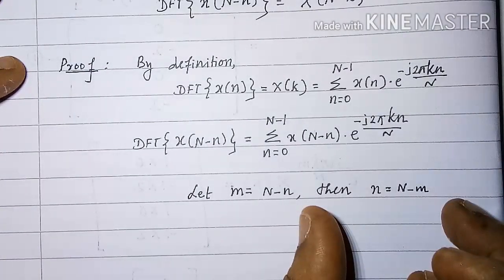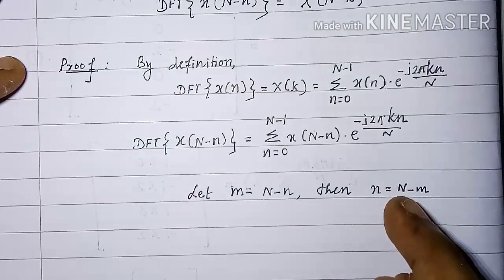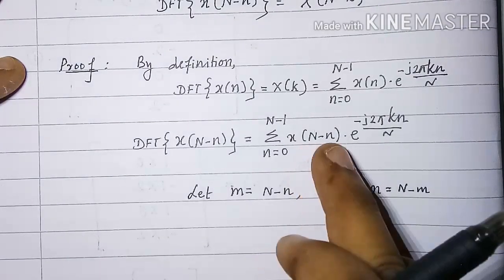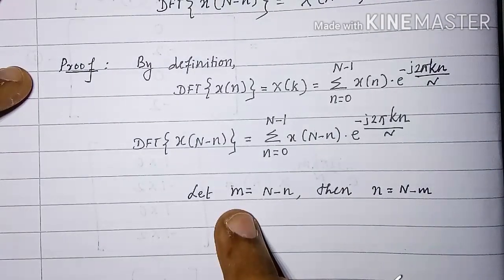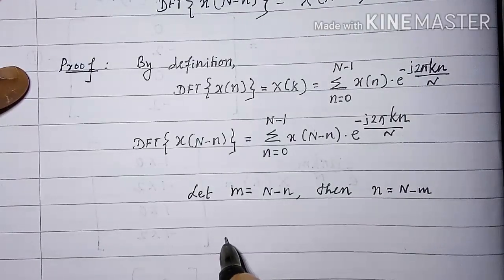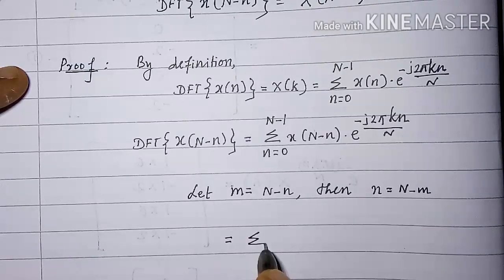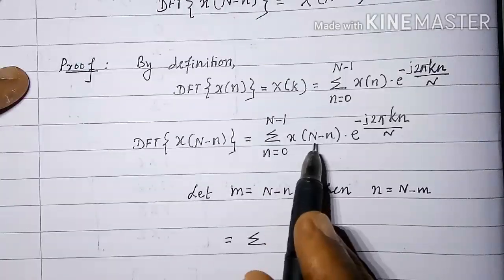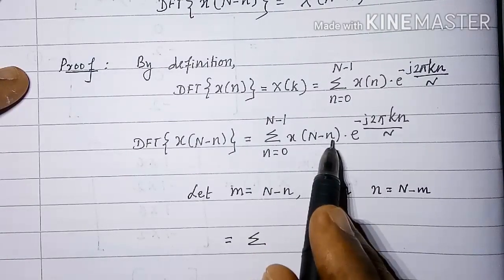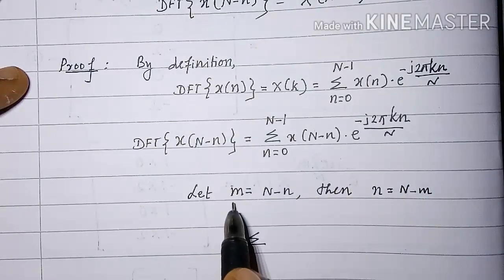Now we will put, in place of n, capital N minus m, and in place of capital N minus n we will put m. That is equal to summation, because I am going to place here capital N minus small n equal to small m.